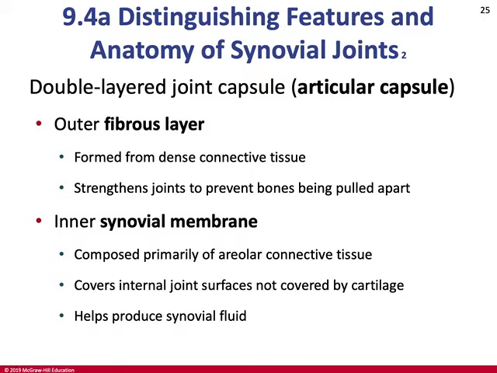The synovial fluid is a filtrate of blood, and it nourishes the hyaline cartilage at the ends of the bones and lubricates the joint so it moves without friction. That's one of the reasons why bone surfaces that participate in joints are rather smooth, because we don't want friction produced during their use.